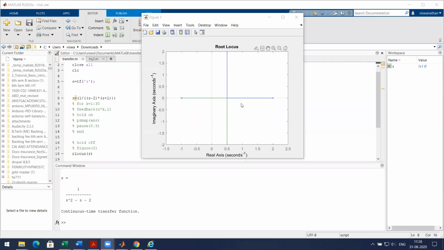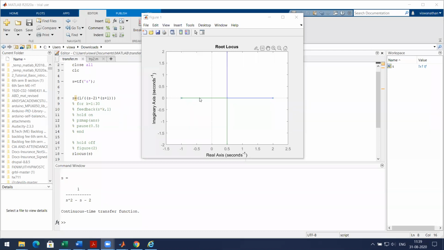Now, how do the roots move? We'll see that. A pole will always go to a zero with varying value of k.